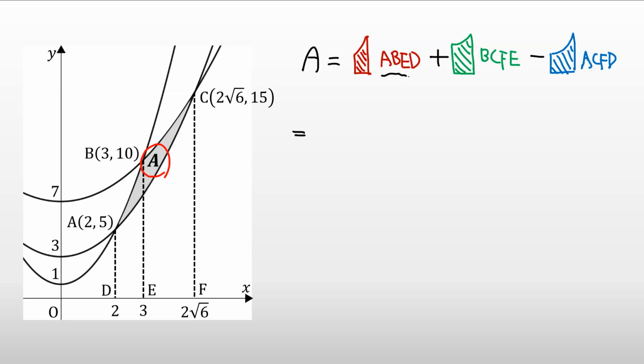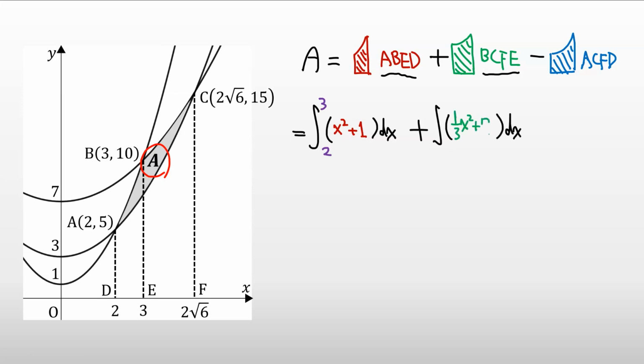The region ABED can be calculated as the integral of x squared plus 1 dx, where x is from 2 to 3, and the region BCFE is the integral of 1/3 x squared plus 7 dx, where x is from 3 to 2√6. And finally, the third region is given as the integral of 1/2 x squared plus 3 dx, where x is from 2 to 2√6.